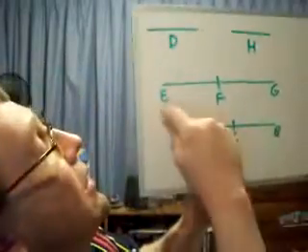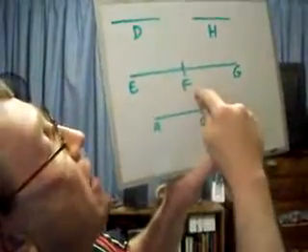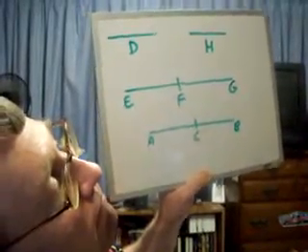And EF and FG are rational, and EF is commensurable in length with D. So EF is commensurable in length with this. So therefore, EF is a first binomial straight line. This length right here is a first binomial straight line. That's how we found it.